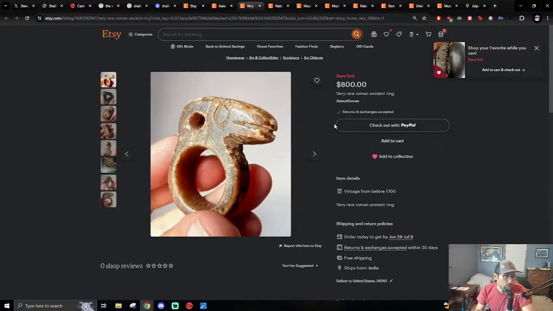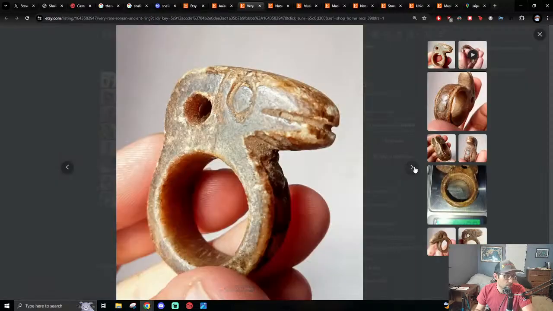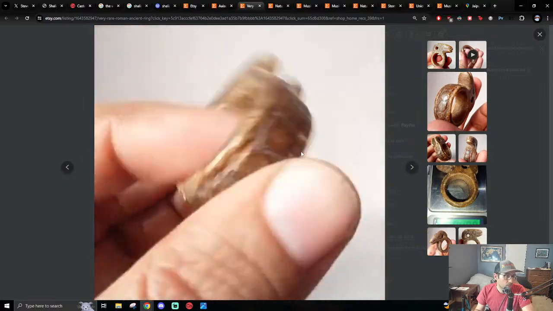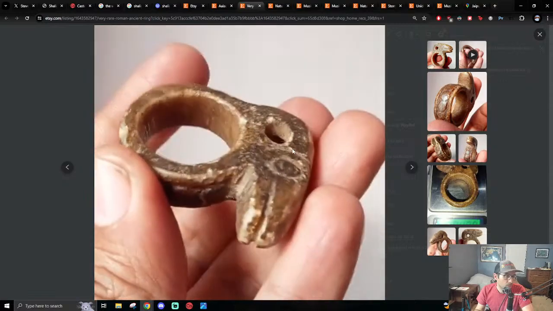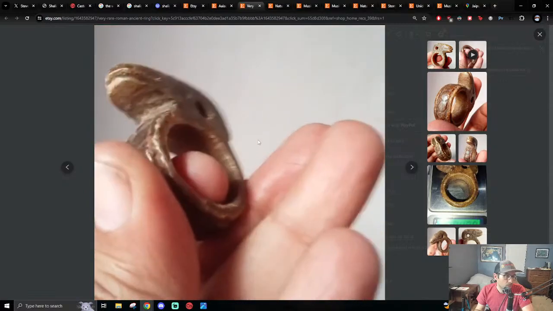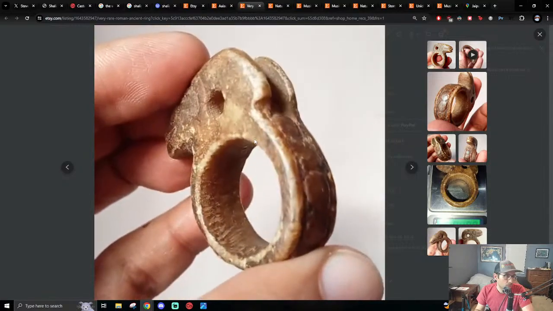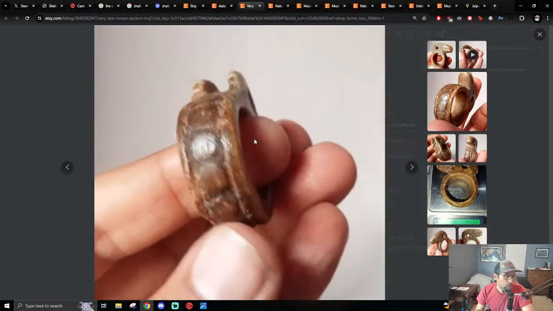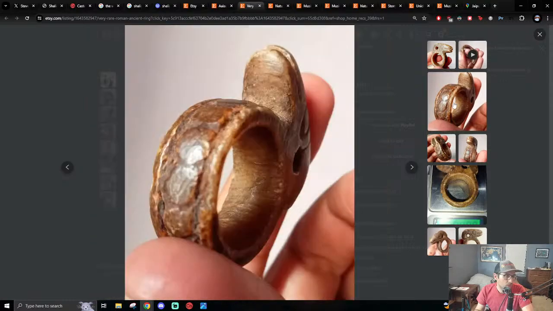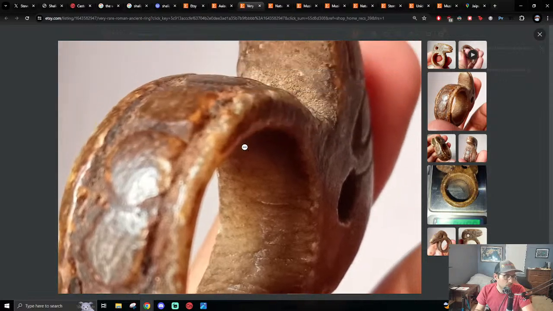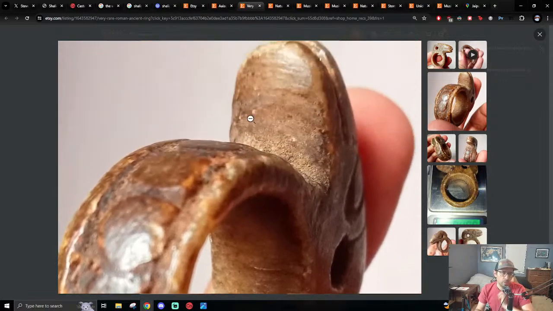Very rare Roman ancient ring. Looks like it's wood.